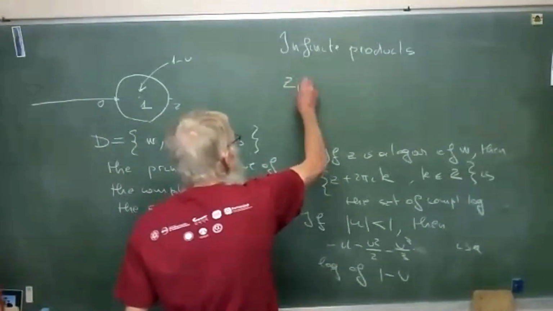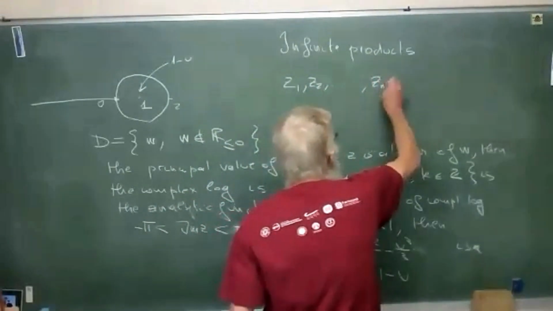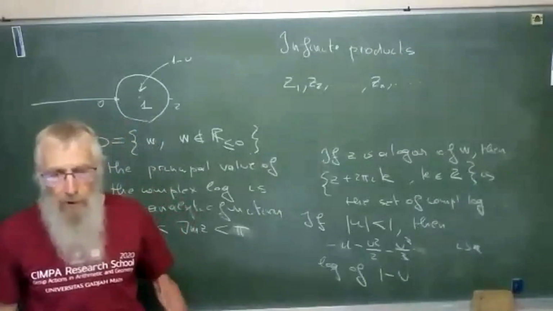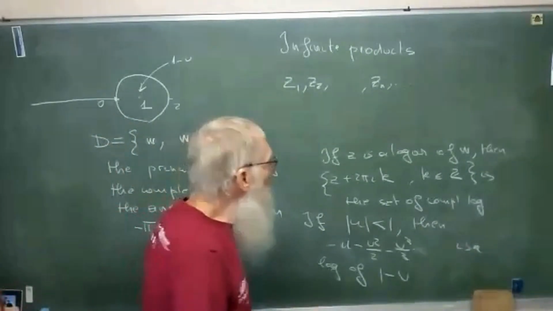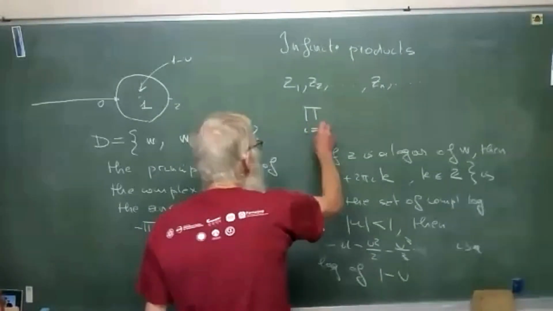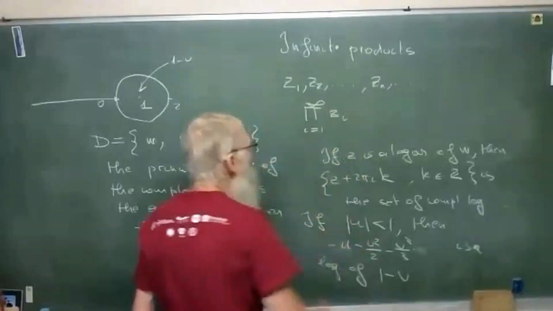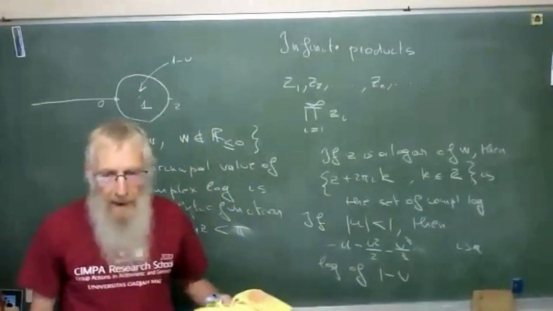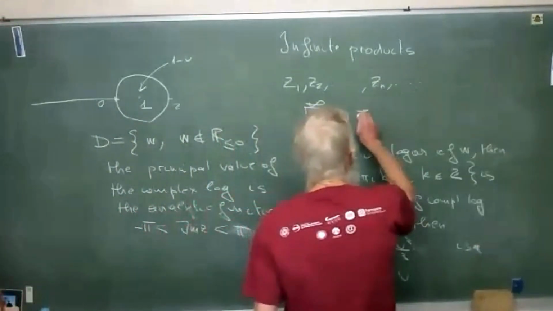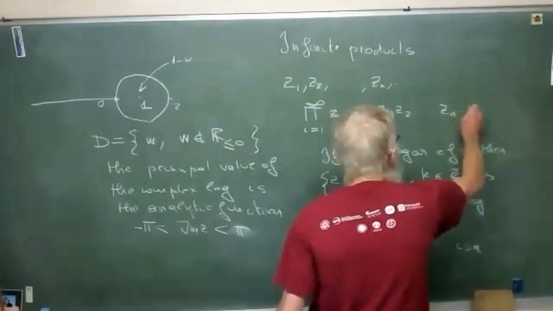So it's Z1, Z2, Zn. And I want to define what is the convergence of the infinite product, which is the product for i equal 1 up to infinity of Zi. What does it mean that this infinite product is convergent? So this is the product Z1, Z2, Zn, and so on.